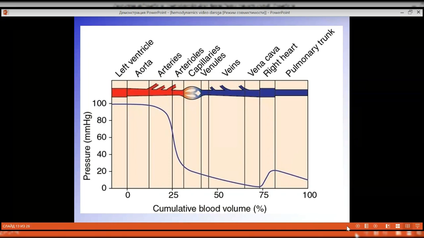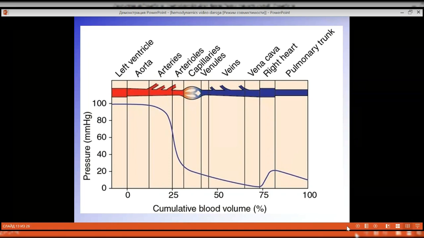Then after ejection from the left ventricle through the aorta, then arteries, near the arterioles, the flow and also the pressure will decrease. Against this, the resistance at the point of the arterioles will be very high against the Q and the P.